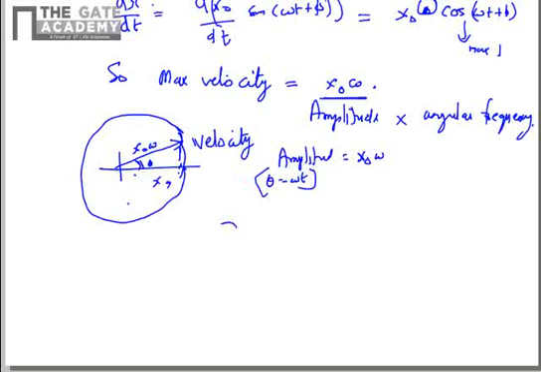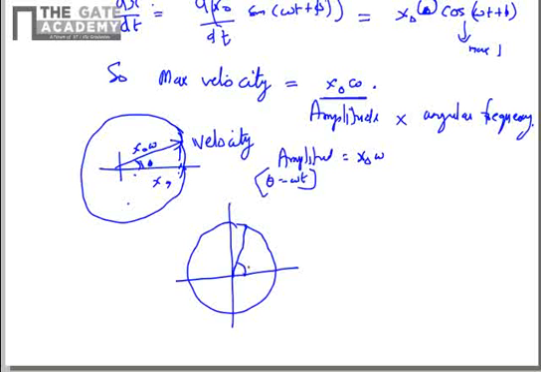And if you want to keep the rotation the same as what you use for displacement, that is, take the projection on the y-axis, then you shift this diagram by 90 degrees.